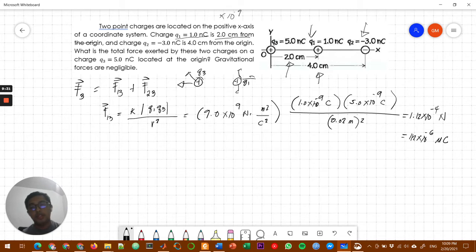So the force felt by the positive charge Q3 because of charge Q1, both positive, is this arrow.